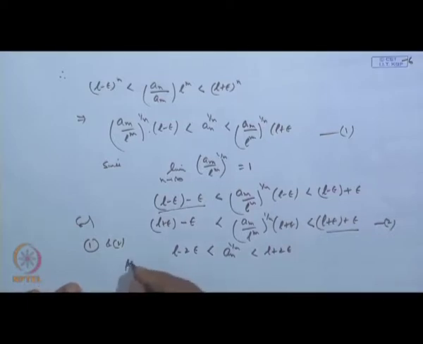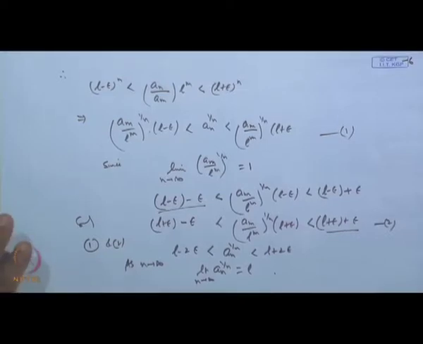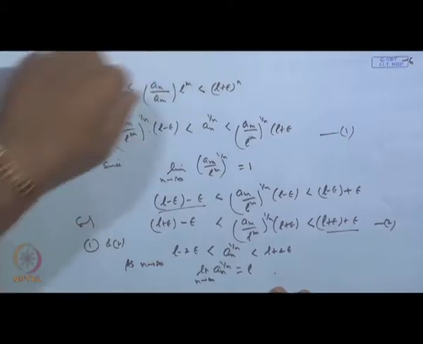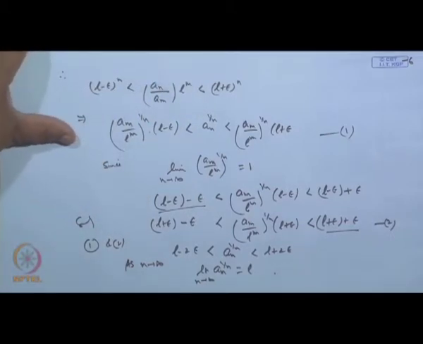So as n tends to infinity, the limit of a n to the power 1 by n is nothing but L, and this proves the result. When L is sufficiently large, this limit will go to infinity as well.